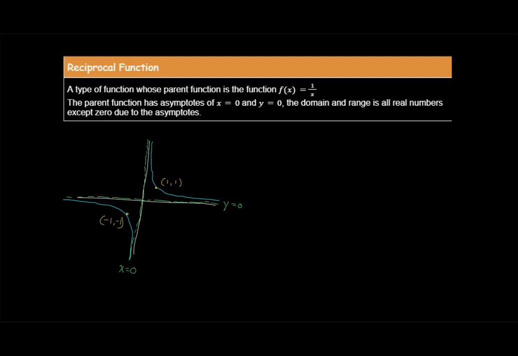We can use this information to help us when we're graphing transformations. Because of the asymptotes, it also affects the domain and range of the function. The domain is all real numbers except for where the asymptotes are, and same thing for the range.